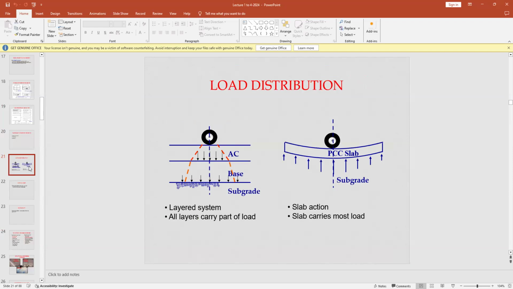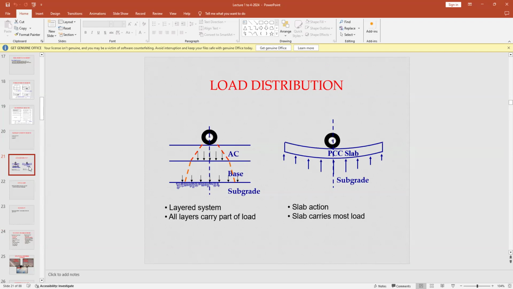Now you can see on the left side, there is a layered system in which there is an asphalt concrete. They are overlaid by base and subgrade. Whenever there is an asphalt concrete, we call this a flexible pavement. And you can see the trapezoidal behavior of the load distribution.